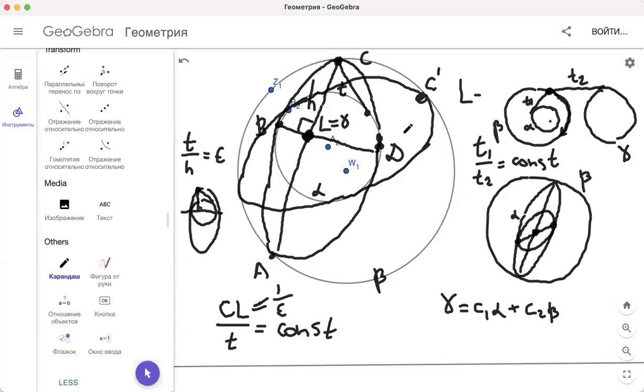So it means that the eccentricity of this ellipse is equal to the eccentricity of the previous one. So they're similar.